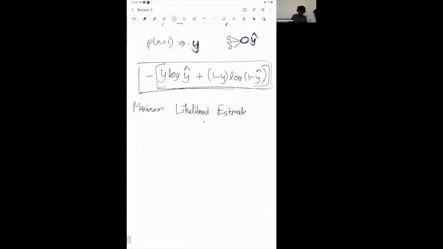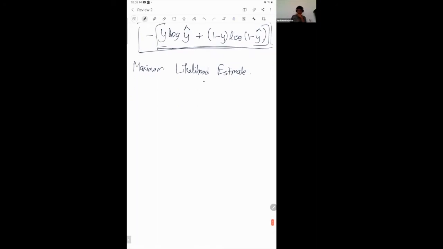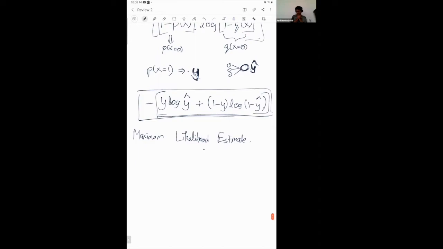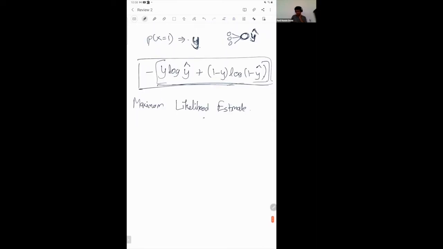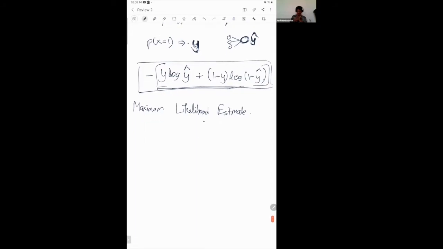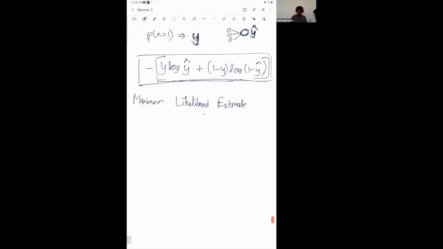Now again back to maximum likelihood estimate. This is how it is for binary classification, but for generic multi-class classification, what your network would output, for any neural network, let's say we have 3 classes, is the probability of X equals 0, the probability of X equals 1, and the probability of X equals 2.